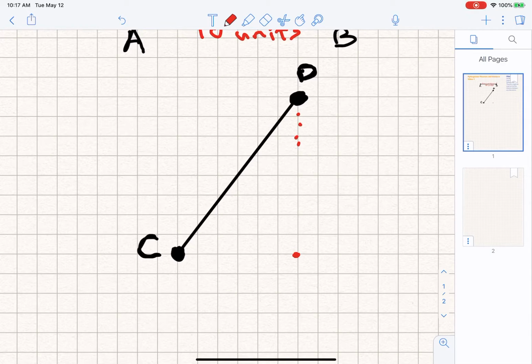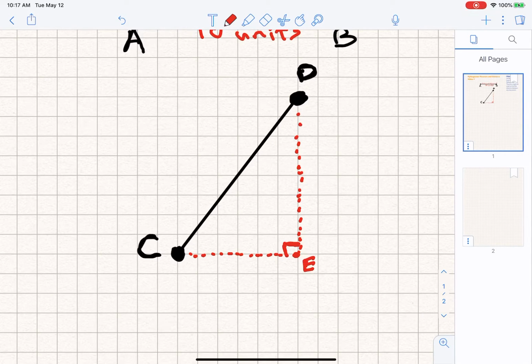Let's go down here. See that right triangle, guys? Here's the square or right angle right here. And what we can do is perhaps notice that the vertical distance from D down to this point here, I'll even label it, I'll call it E just for fun.